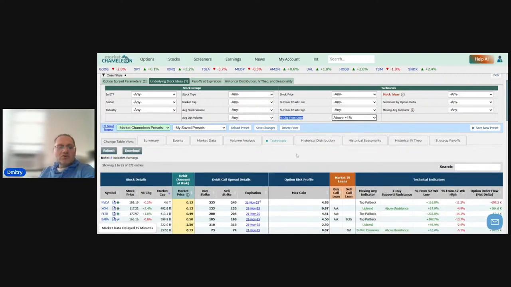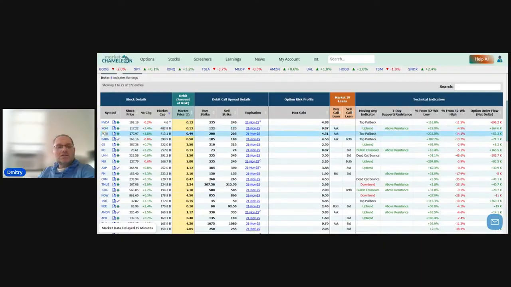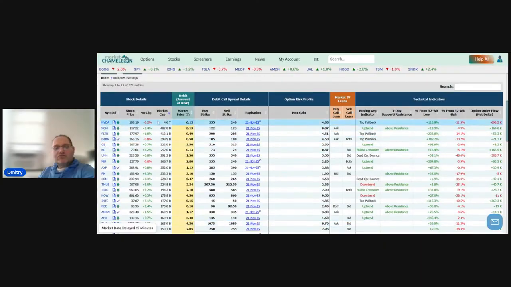So now it's going to refilter. Now it's showing us where the stock itself, even though, for example, NVIDIA was down on the day, is up 1% from the open. So it started down, but then it started to get bid up from that open. So we could use that as a potential technical strength.